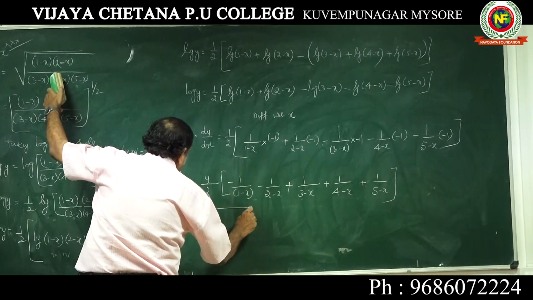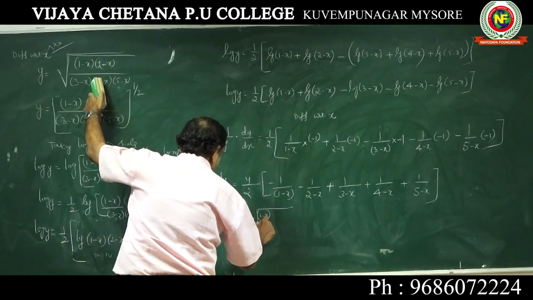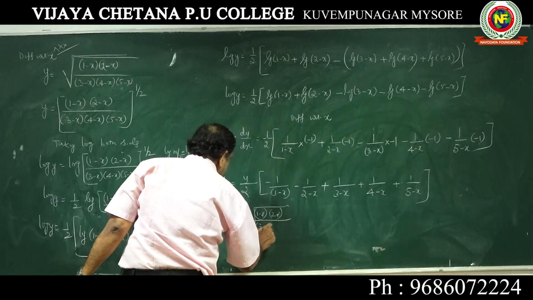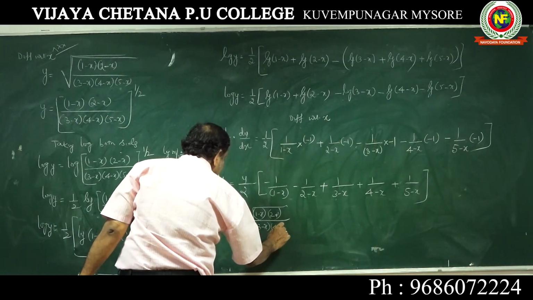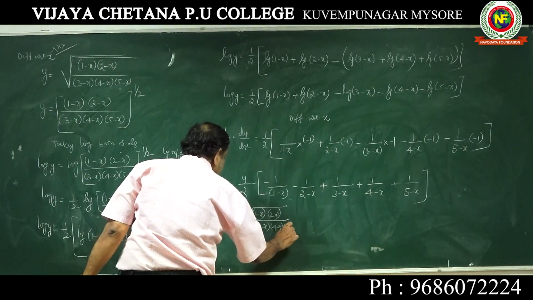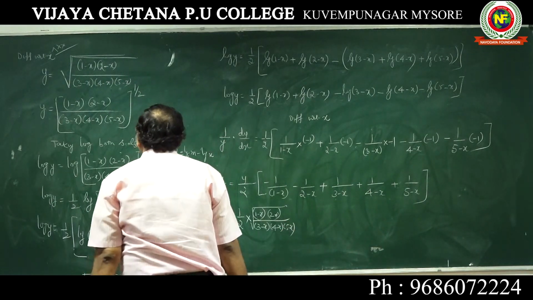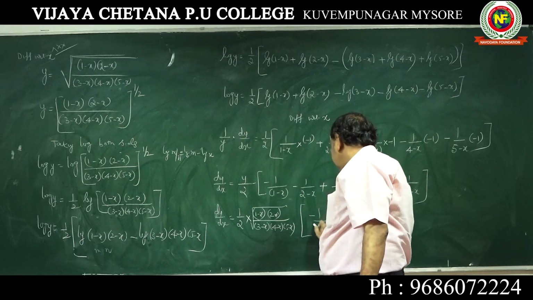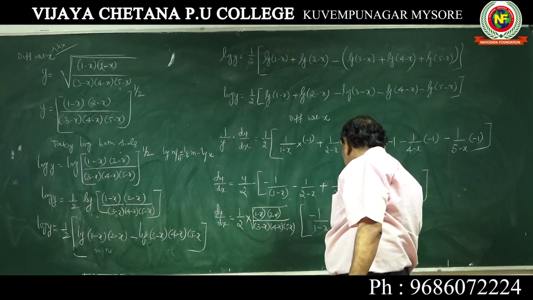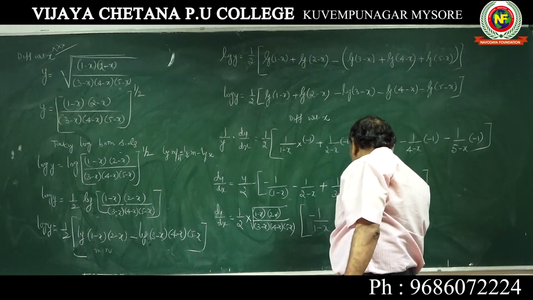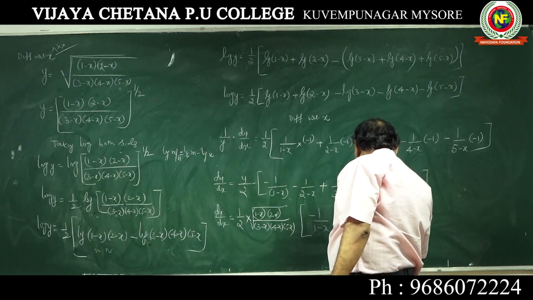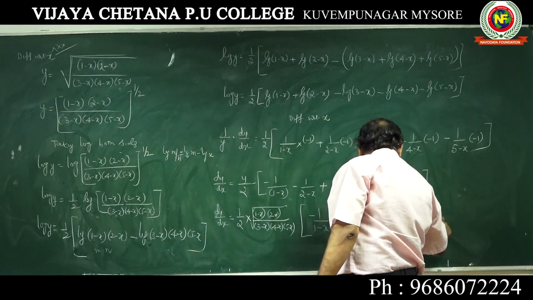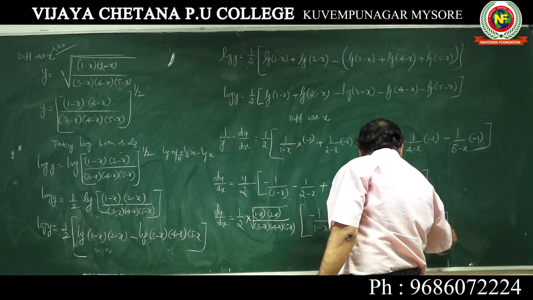Root of 1 minus x into 2 minus x divided by 3 minus x, 4 minus x into 5 minus x, into, open the bracket, minus 1 over 1 minus x minus 1 over 2 minus x plus 1 over 3 minus x plus 1 over 4 minus x plus 1 over 5 minus x, and this is the final answer.